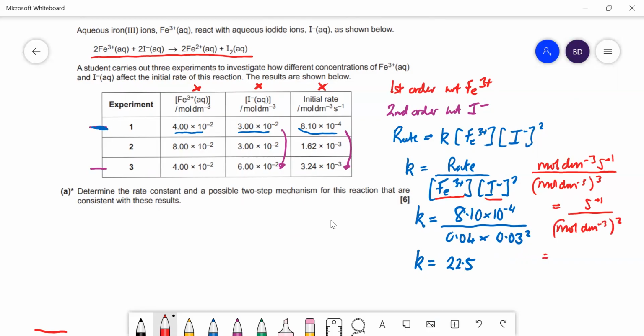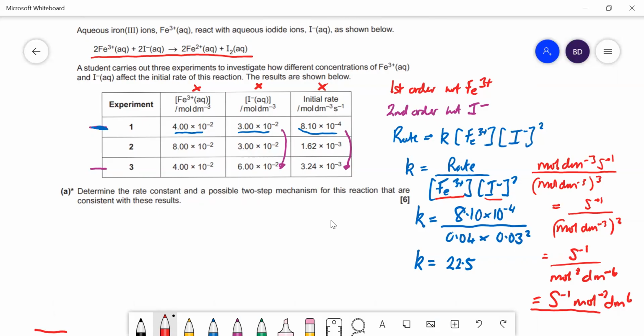So that's equal to second to the minus 1 over mole squared dm to the minus 6. Bring that all onto the top line. The units are second to the -1 mole to the -2 dm to the 6. So we've worked out the rate constant. Okay, and we've done that.